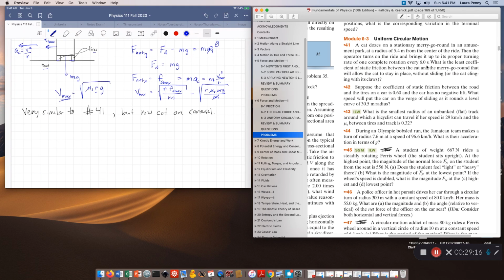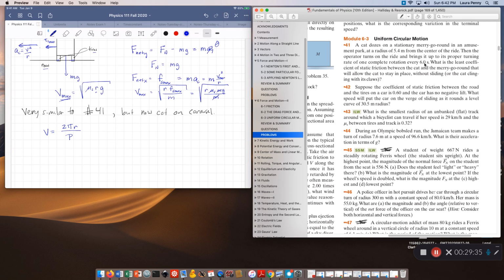So you do have to figure out what v is, right? For number 41, you do have to figure out what the v is. Remember that the speed is just going to be how far around you went over how long it took you to go one time around. So they tell you the radius and they tell you how long it takes, so you should be able to get the v.